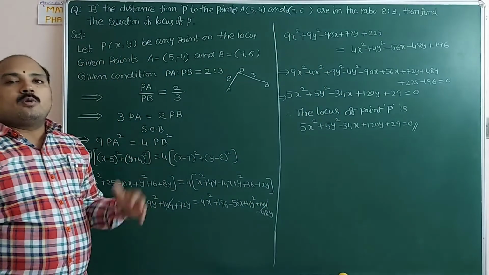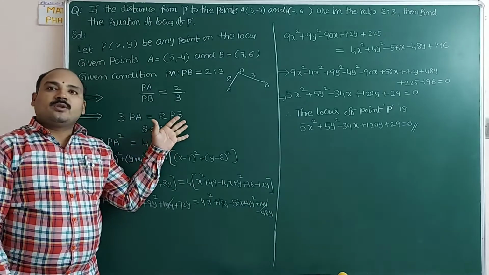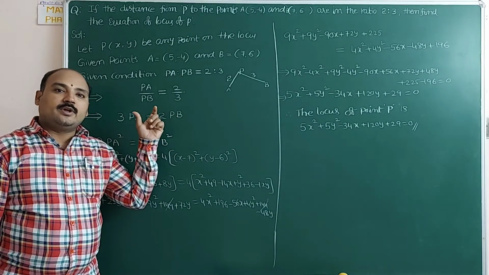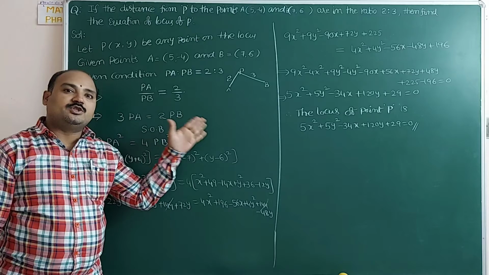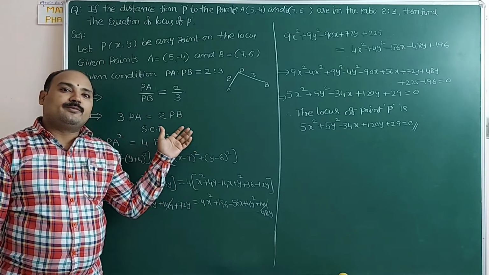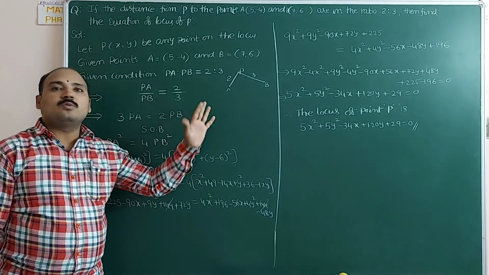These two problems belong to the ratio problems, PA is to PB equal to 2 is to 3 problem. Only two problems we have.